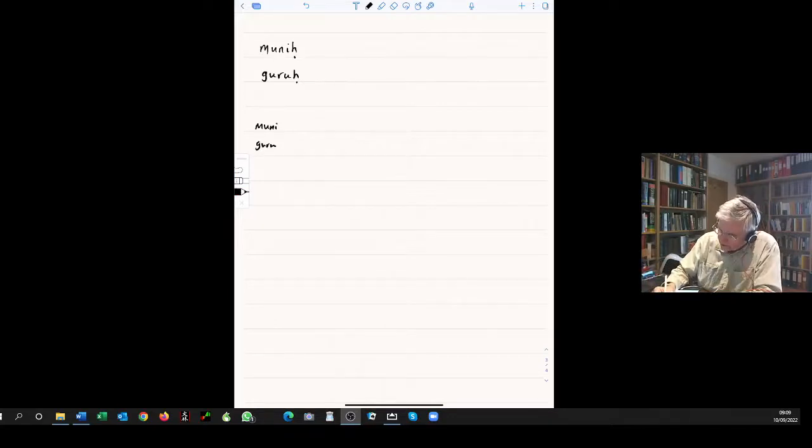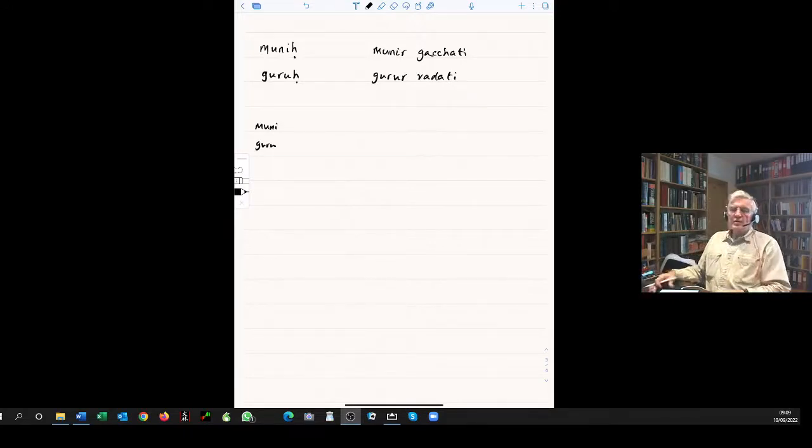It would be munir gachati. Not munih gachati, munir gachati. And the guru speaks, vadati with a v. It would be gurur vadati.